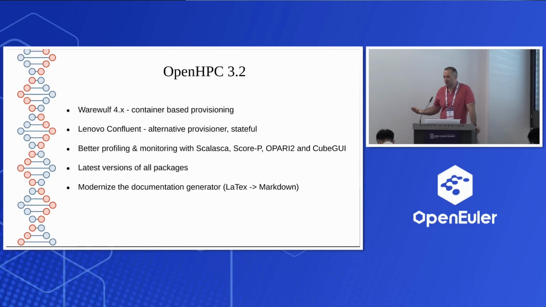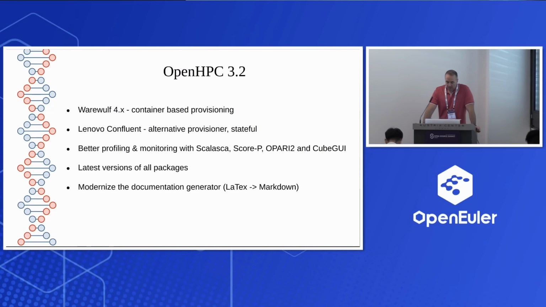But you can pre-install something more in the container, and this way it will be faster to set up your compute nodes. There is no need to install at startup time. There is also some work by Lenovo to add another provisioner, Confluent, their own product. It's again stateful, something like XCAT that is no longer supported.